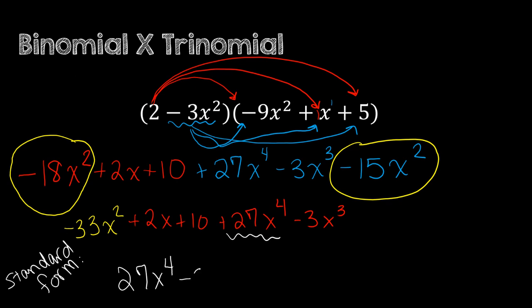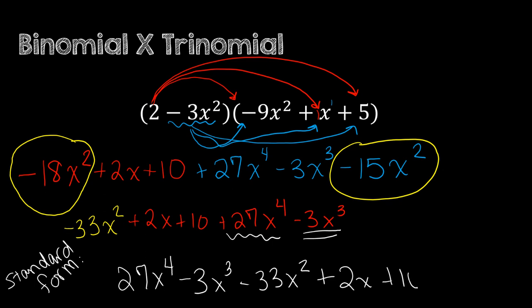Then negative 3x to the 3rd. Then negative 33x squared. Then plus 2x plus 10. Going from the highest 4, 3, 2, 1, none. And this would be our final answer.